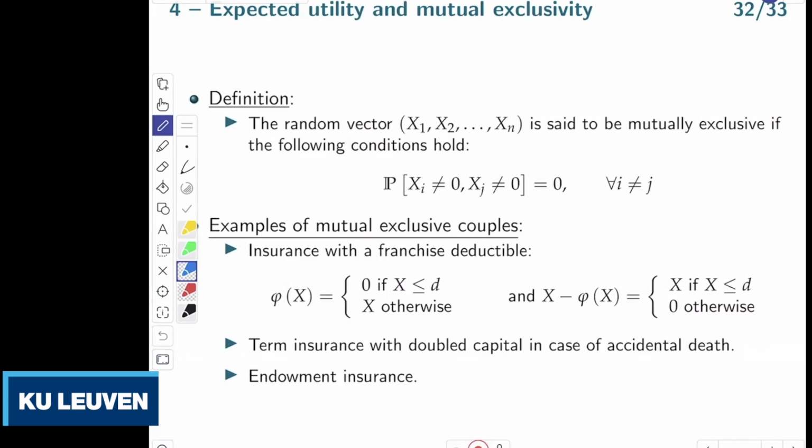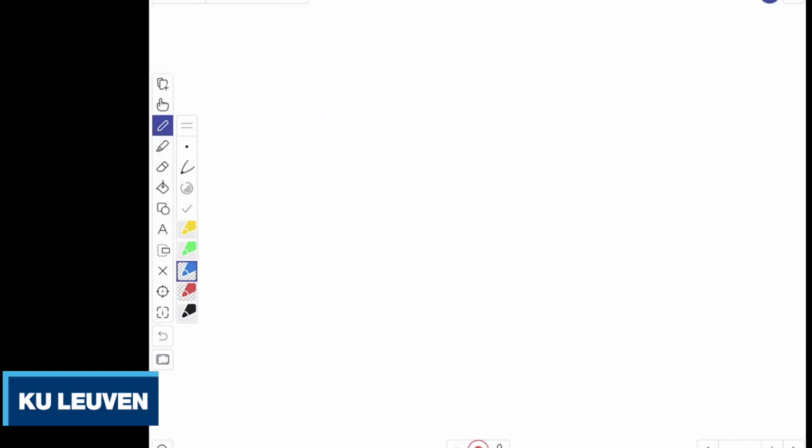Let's now move to the last part of this chapter, where I want to talk about what happens if you are facing multiple risks. Until now, the problem was always, I have a decision maker who is facing risk X or risk Y. Right? And then we can calculate expected utilities of X, expected utilities of Y. But now assume that, for simplicity, let's just look at X1, X2 together.